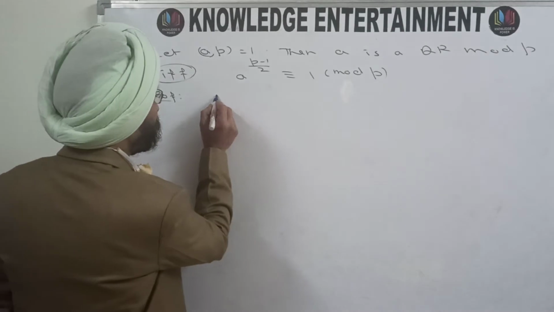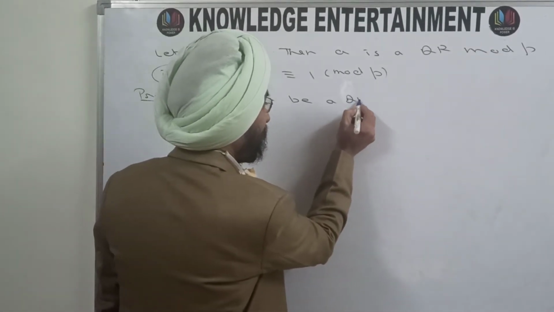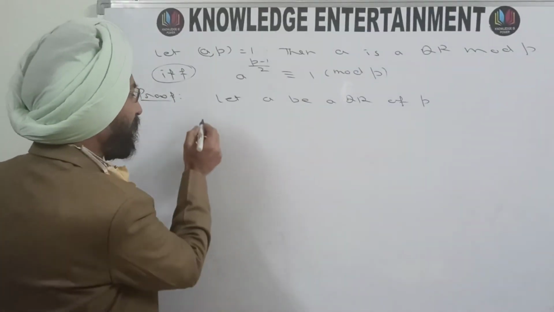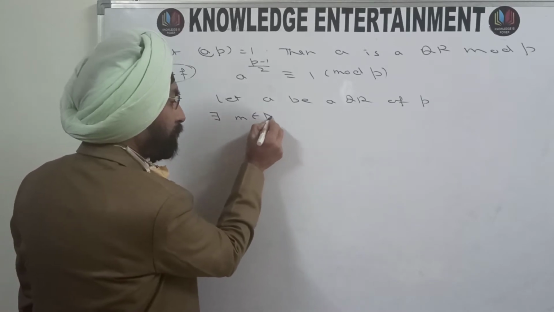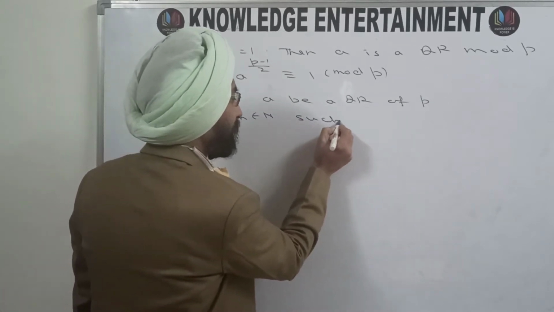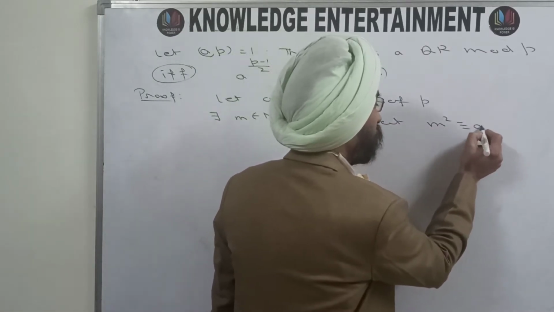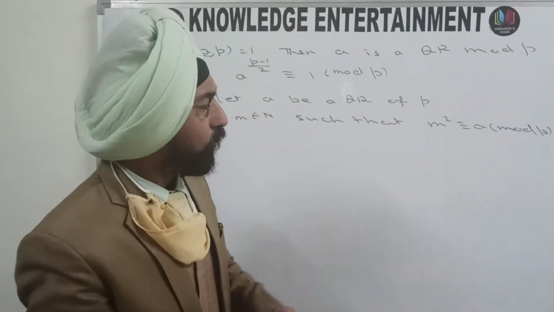So let a be a quadratic residue of p. Then definitely there exists some natural number m such that m squared is congruent to a modulo p, because a is a quadratic residue.